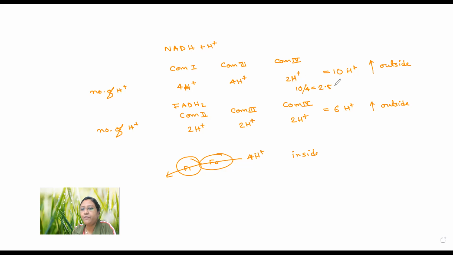So 2.5 ATP is produced, and in this case it is 6 divided by 4, which is equal to 1.5 ATP. But in NCERT it is rounded off to make it 3 ATP, and it is rounded off to make 2 ATP. So this is the calculation.